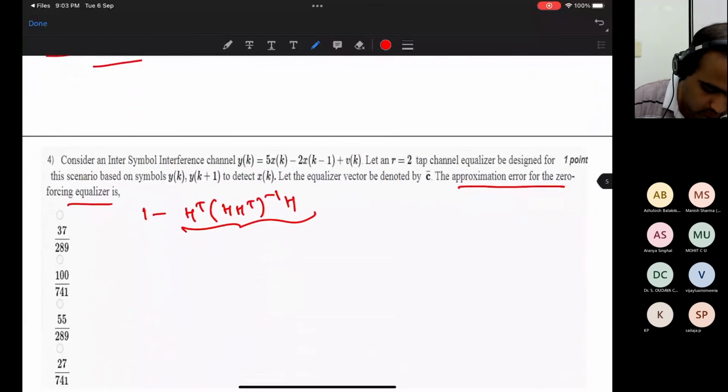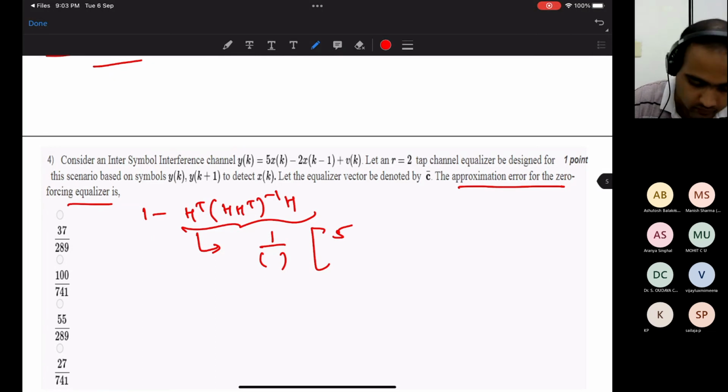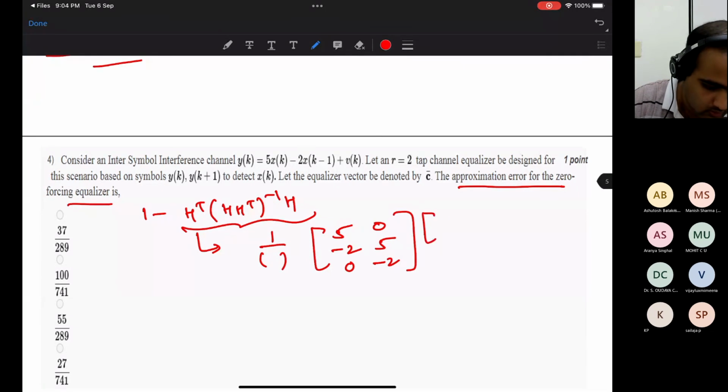If we solve this, this will be 1 by something. This is actually 1 by 29 square minus 100, times 5 0 minus 2 5 0 minus 2 and 45 minus 8 minus 58, 50 minus 125 minus 58.